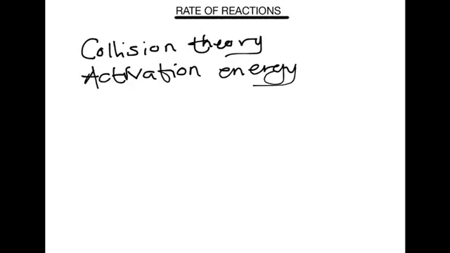Therefore, we have collisions that just happen by chance, and then we have the ones that result in the formation of the product, which we are going to refer to as the effective collision.